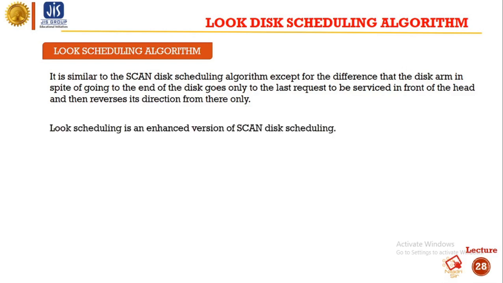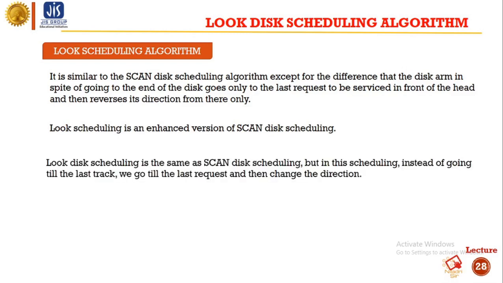LOOK scheduling is an enhanced version of SCAN-based scheduling. LOOK disk scheduling is the same as SCAN-based scheduling, but instead of going till the last track, we go to the last request and then change direction. The head starts from the last request at one end of the disk and moves towards the last request at the other end, servicing all the requests in between.